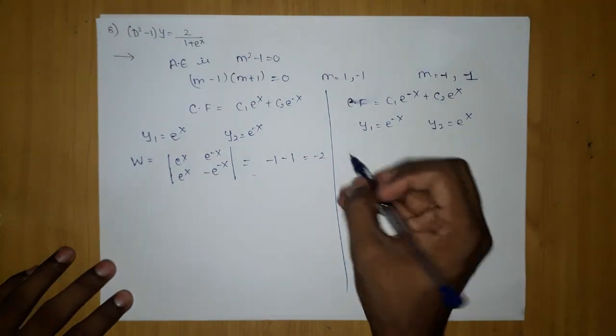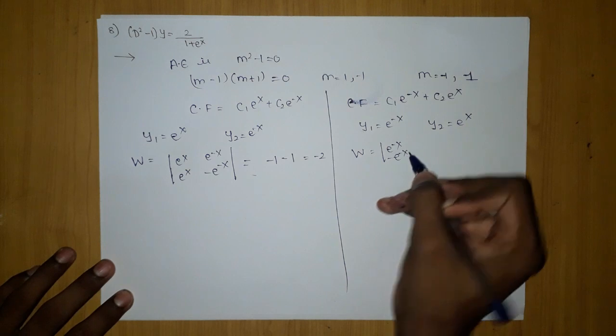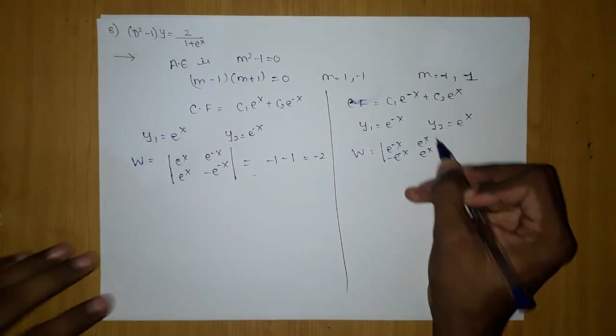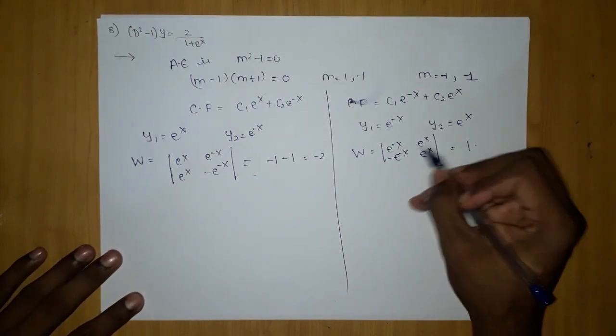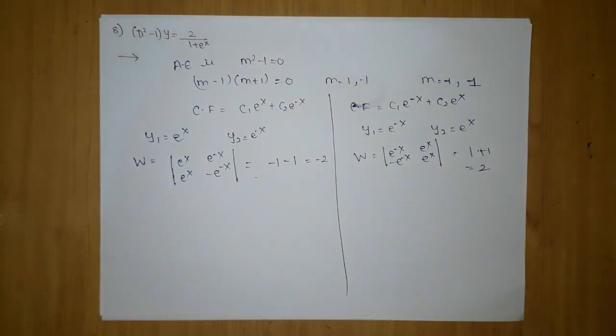1. So it will become minus 1 and this will become minus 1. If we solve it further, here what we have, e to the power minus x, minus e to the power minus x, e to the power x, e to the power x. Here it will be 1, here it will be plus 1, here we are getting plus 2 as our Wronskian constant, right?